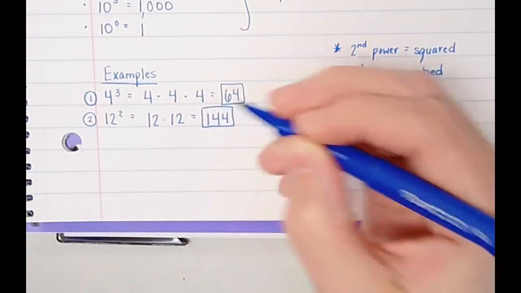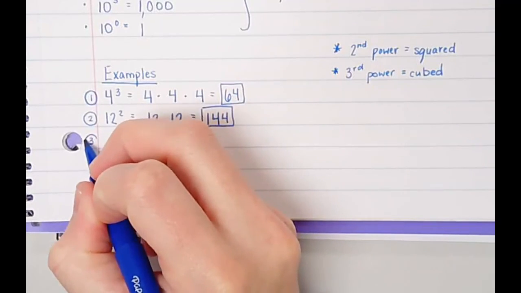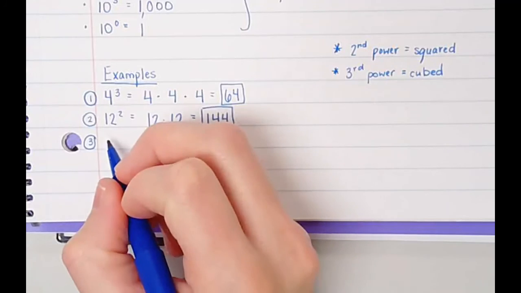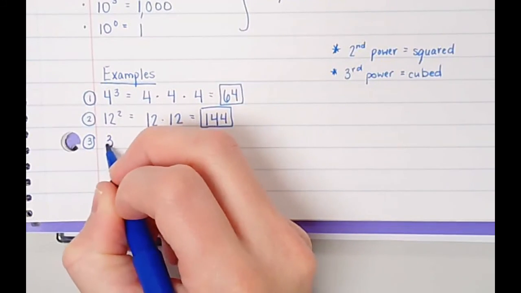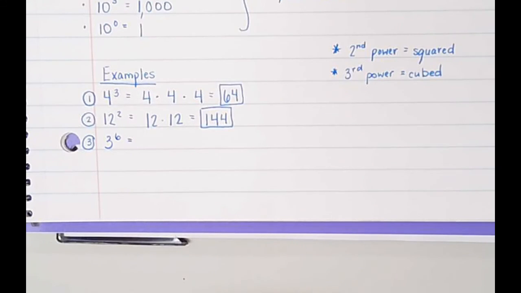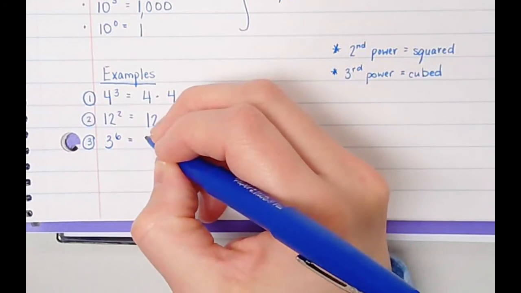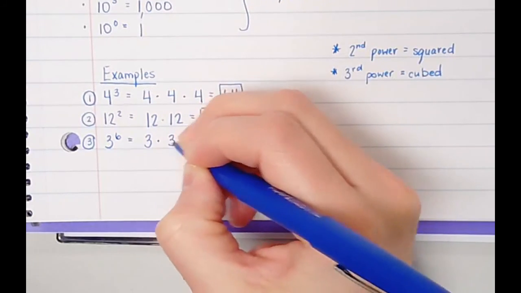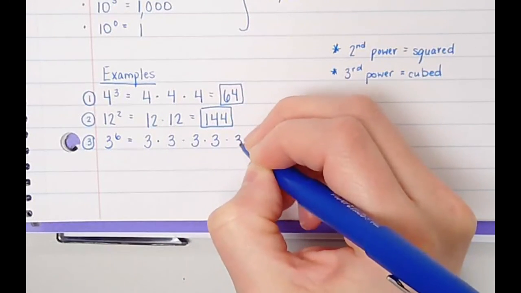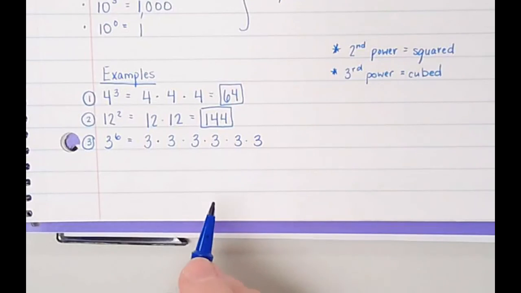All right, let's see. Let's do 3 to the 6th power. Okay, so how many times am I writing out 3? Well, I'm writing it out 6 times. Okay, and then just take it one at a time. 3 times 3 is 9.